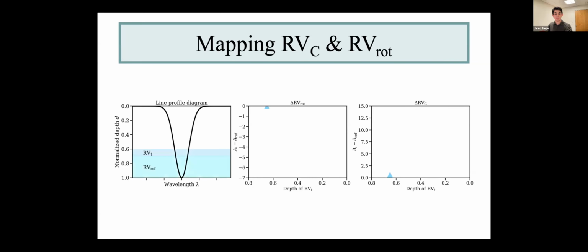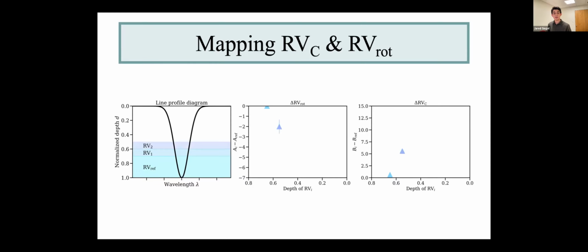So for instance, if we consider two slices of the line profile that are very close together, we see that the fit coefficients are near zero. Again, generally makes sense. If we pick two parts of the line profile that are very close together, their radial velocity components have almost equal contributions of the convection and rotation signals with respect to each other.